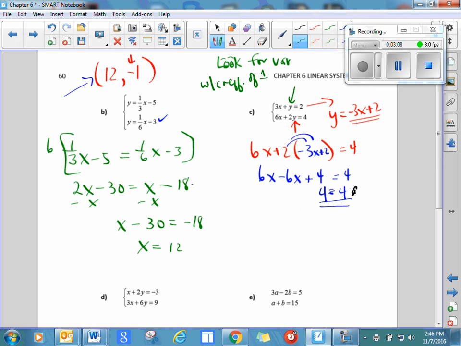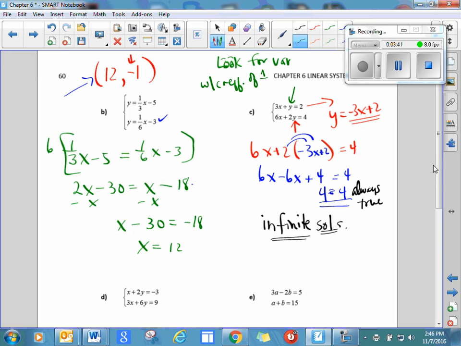So when we get a statement that's always true, like 4 is always equal to 4, we say we have infinite solutions. And that means there are an infinite number of points on our 2 lines, because the lines go forever and ever, and all of those points are a solution to our equation. So infinite solutions, and this is always true.